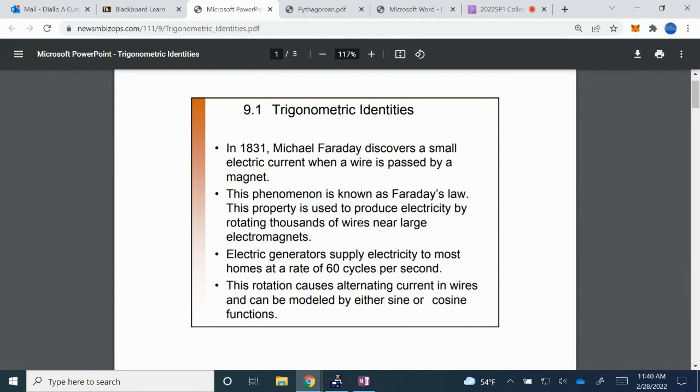This property is used to produce electricity by rotating thousands of wires near large electromagnets. Electric generators supply electricity to most homes at a rate of 60 cycles per second. We talked about cycles and periods. This rotation causes AC current in wires and can be modeled by either a sine or a cosine function.